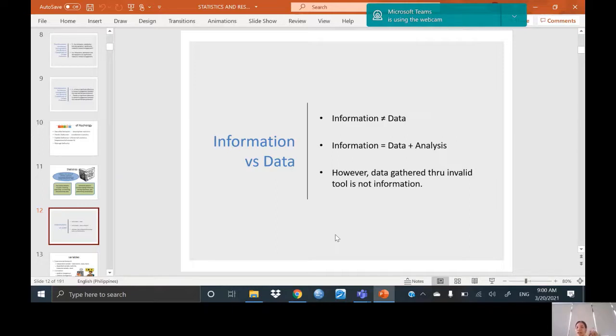So there are two qualities that should be ensured in your tool, in your data gathering. One is reliability and the other is validity. When you say valid, that means the tool that you are using to measure the variable is appropriate, meaning to say you're using the right tool to measure your variable. Then when you say reliable, meaning to say there is consistent result.